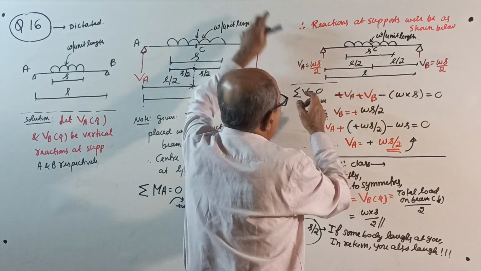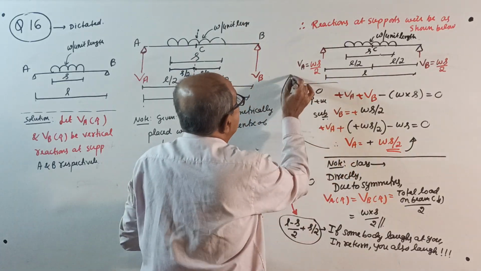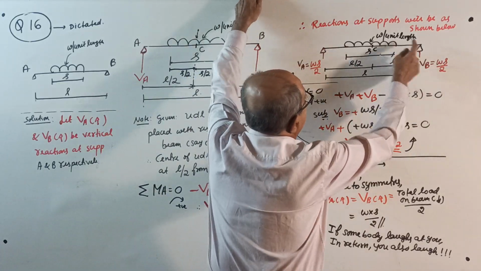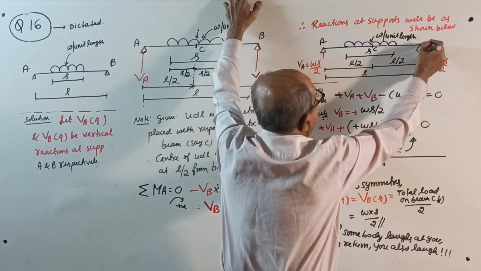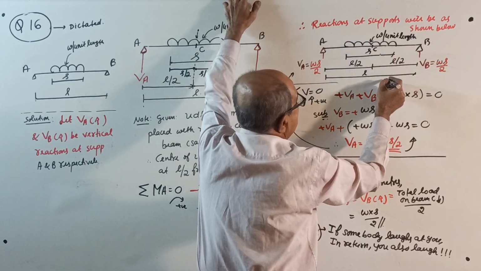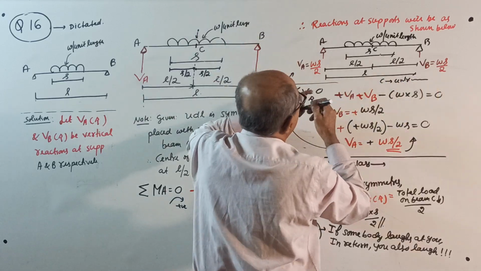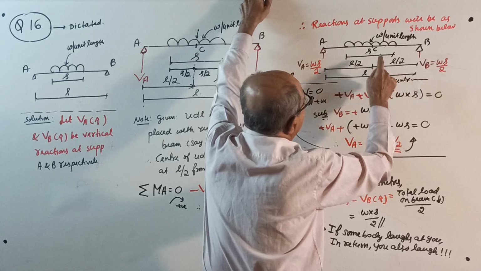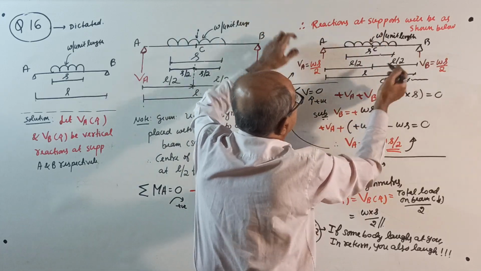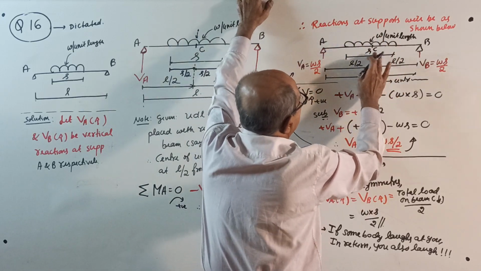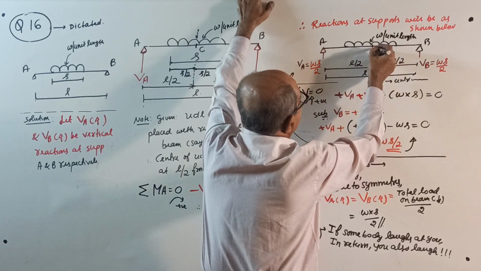Therefore, for the beam, if I call this AB, C is the center, you mark here. C is the center of the beam, at L by 2 here. Load placed here. Further you can write here, loaded length is S, to make it more clear.